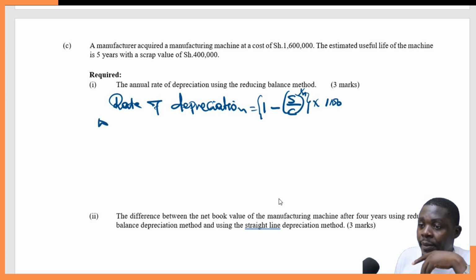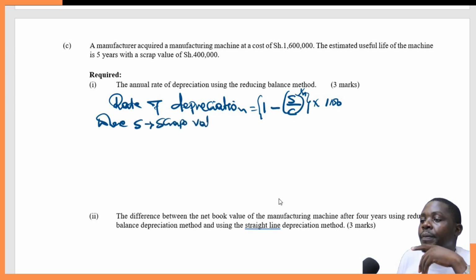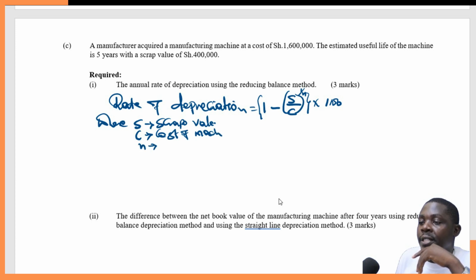Where S is what we call the scrap value, C is the cost of machine, and N obviously is the number of years.